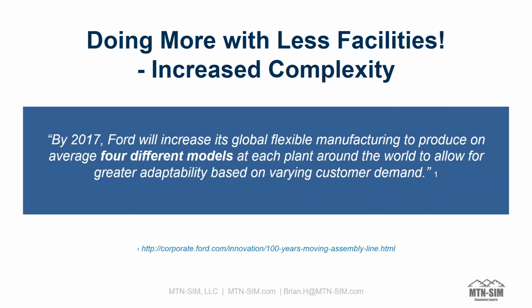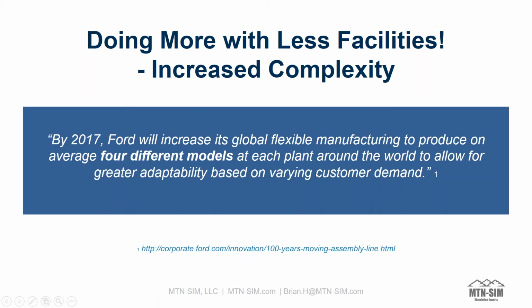So let's step into looking at some of these objectives. Before we do, we'll look at an online article from the Ford Motor Company's online magazine. It shows that by 2017, which we're currently at, Ford on average is producing 4 different vehicle types in each one of its facilities.